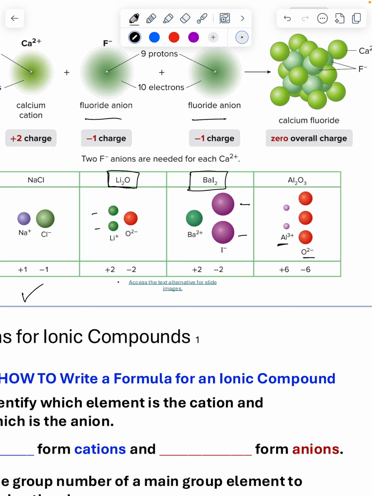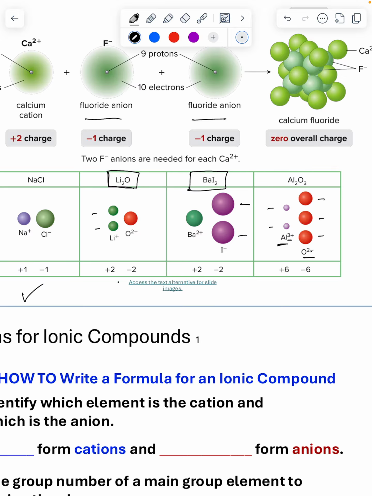What do we need to multiply the 3 by to get to 6? Well, that answer is 2. So we need 2 aluminums. And then for oxygen, the least common multiple is 6. What do I multiply 2 by to get to 6? We multiply 2 by 3 to get to 6. And so Al2O3 will be the formula for aluminum oxide.